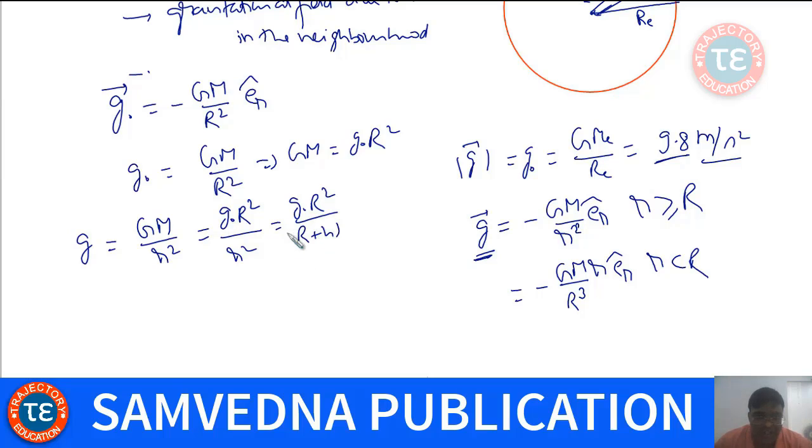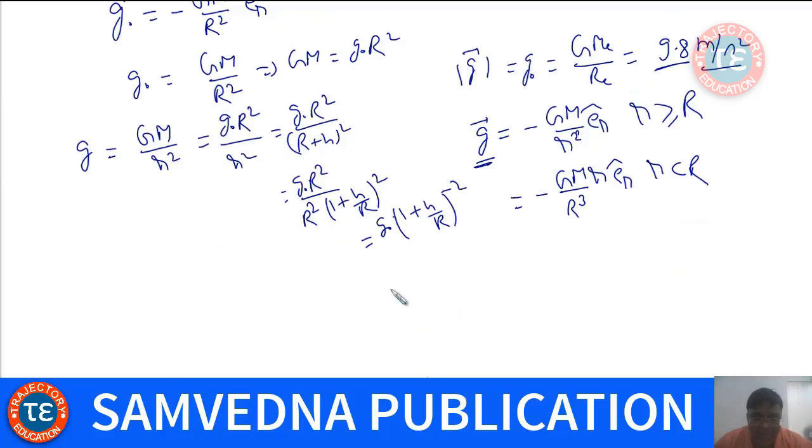So g is g naught R square upon R plus h whole square. I can take R square outside, so this will be g naught into 1 plus h by R whole square, or g naught into 1 plus h by R to the power minus 2. Then I can use the binomial theorem, and this is approximately equal to g naught into 1 minus 2h by R.